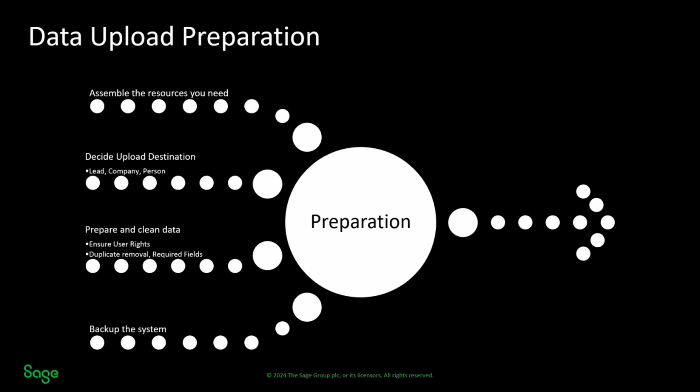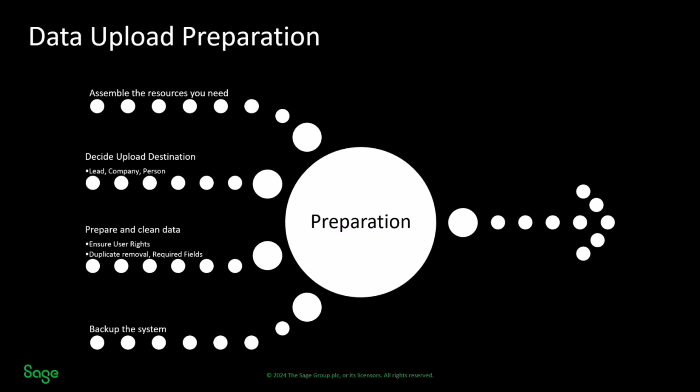And that's not just the gross decision about whether this is lead information or company information, but rather down to the level of what is the nature of the individual fields that you're going to be uploading, and making sure that there's no problems with missing required data or thinking about unnecessary truncation of data.